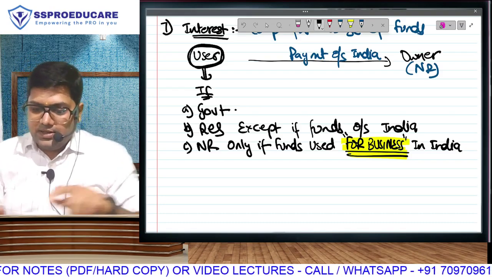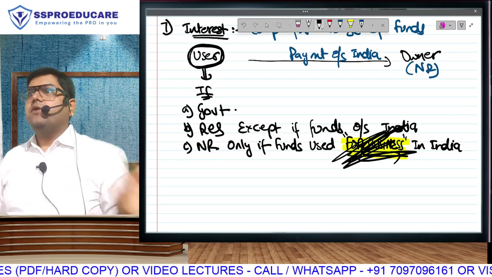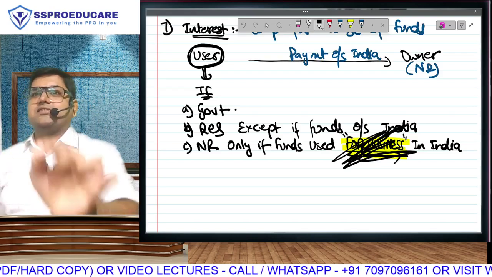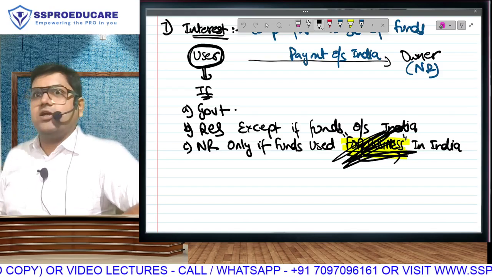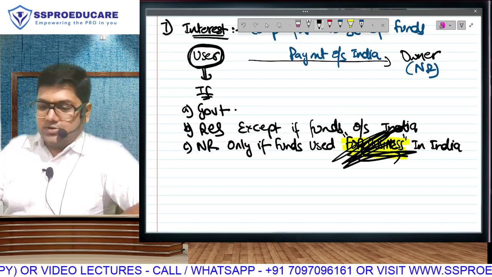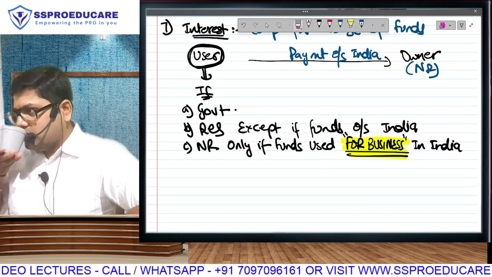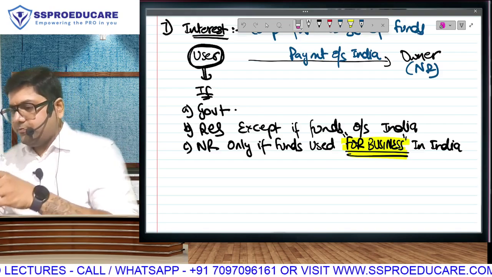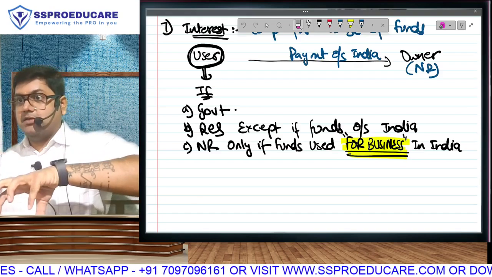Ideally, it should be for any reason. Once the funds are used in India, it should be considered as Indian income. This is illogical. But think about it. Is it taxpayer friendly? Yes. Think about it. Because only funds used for business will be taxable.